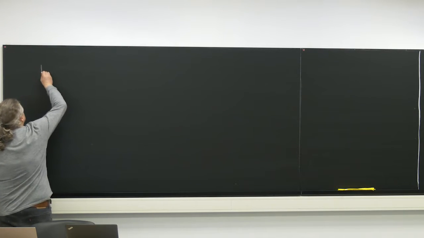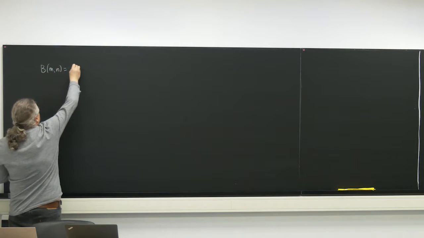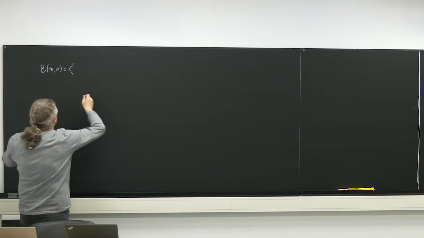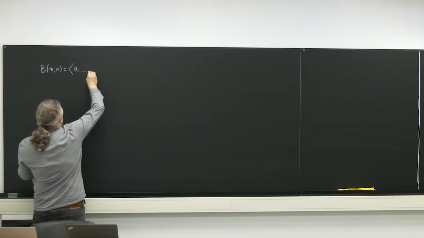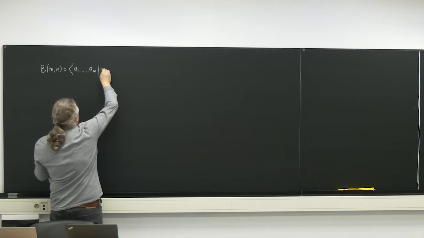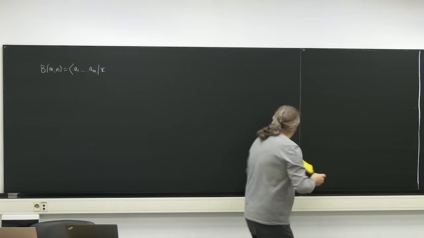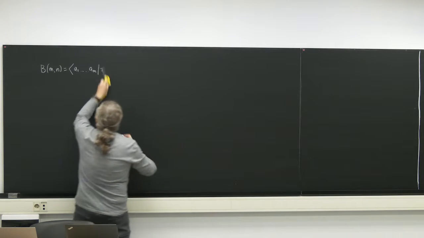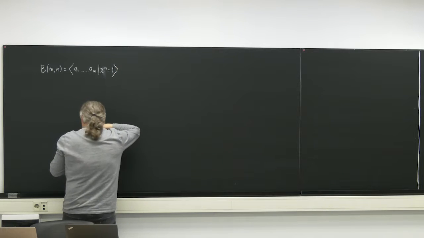So these are Burnside groups. Traditionally, these are m-generated free Burnside groups of exponent n, given by m generators and the identical relation x to the n.